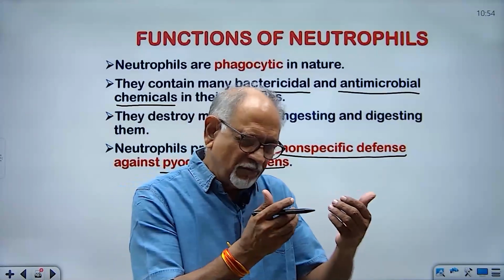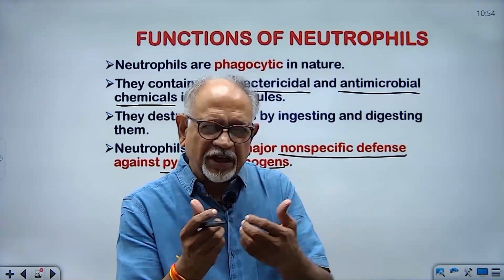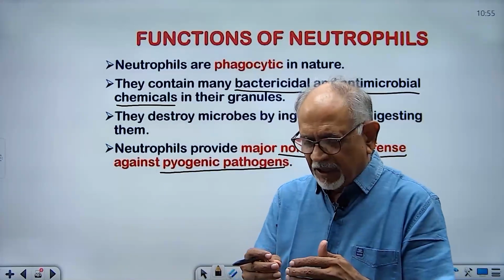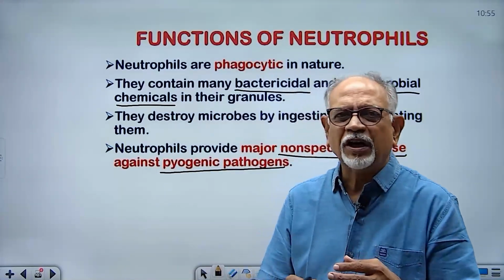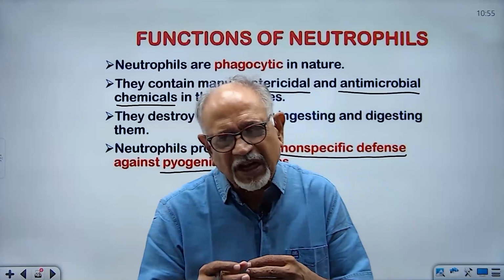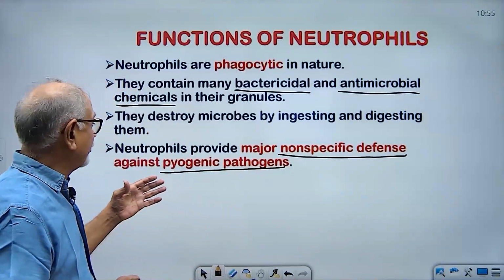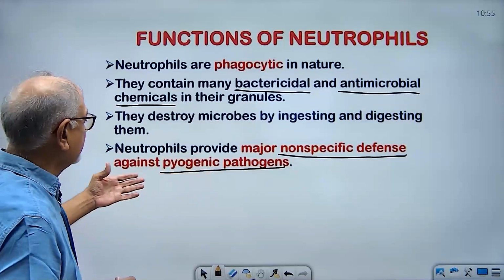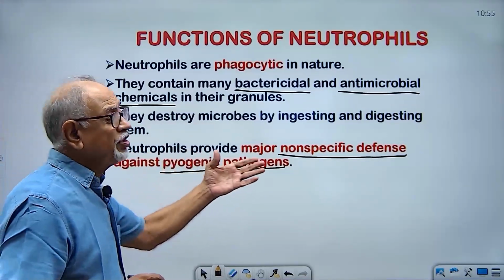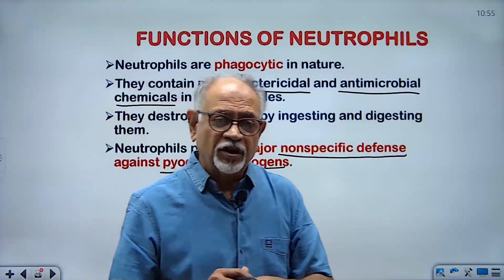The WBCs accumulate, extra fluid accumulates, the area becomes red and ultimately pus is formed. In such cases, neutrophils provide a non-specific defense.